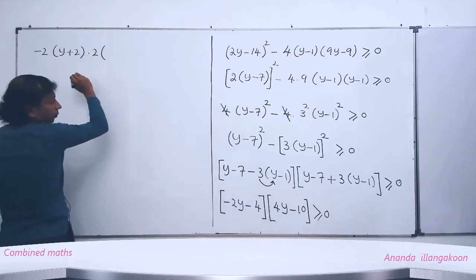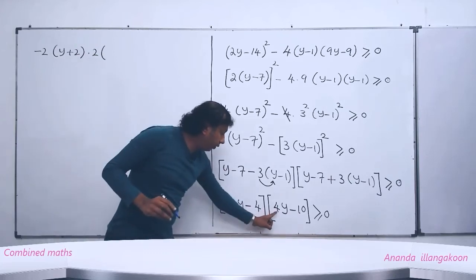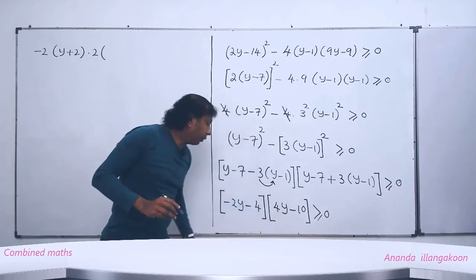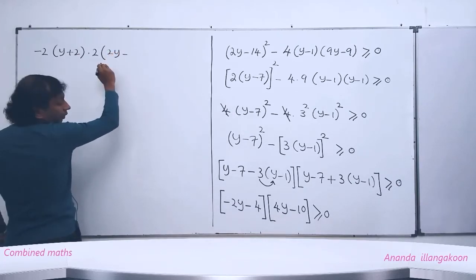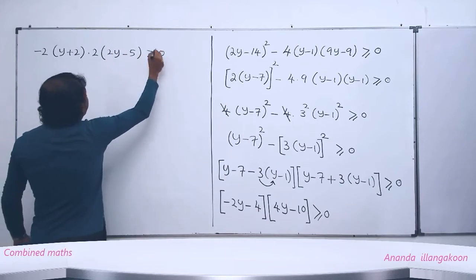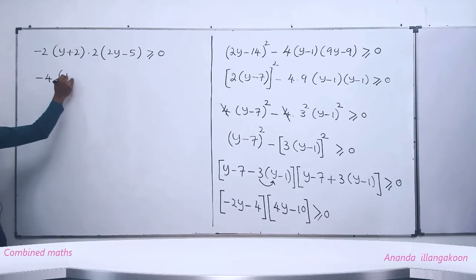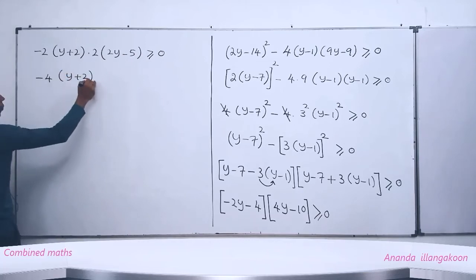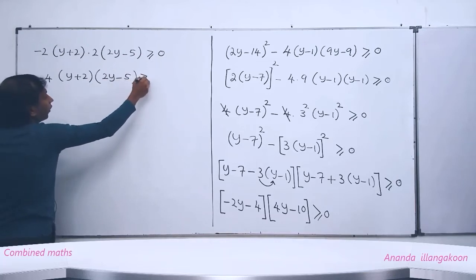Once you take 2 out, what do you get there? Divide this and this both by 2. Then we get 2y. Dividing 10 by 2, we get 5, greater than or equal to 0. This 2 and this 2 make 4, minus 4 times y plus 2 and 2y minus 5, greater than or equal to 0.